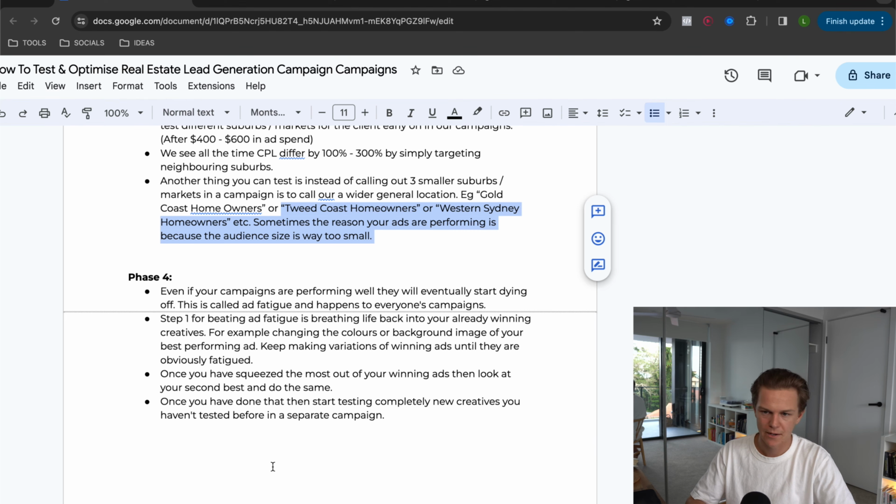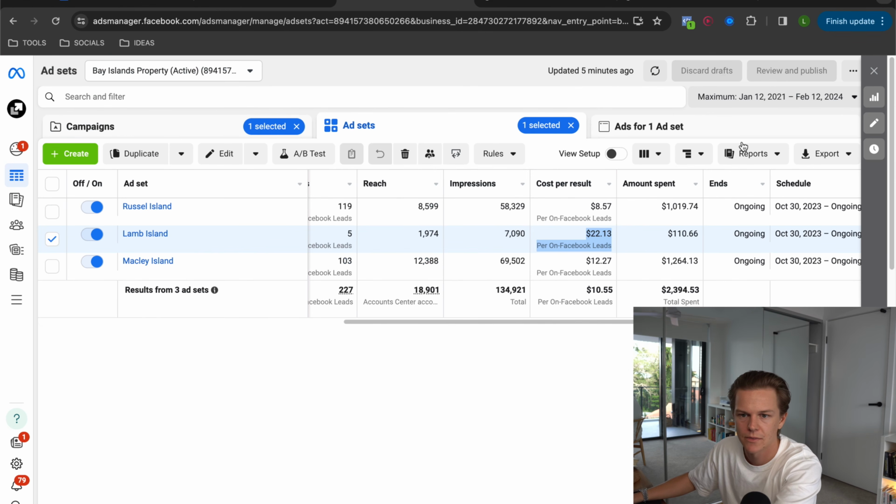If you're an e-commerce company and you've got an audience size of 2 million people that you're targeting, you have to spend the equivalent of reaching 2 million people before you experience the same level of ad fatigue as you would in real estate, where maybe our audience size is 60,000 people. Usual cost per impressions are around, say, $25. Let's just have a look right here at what our CPMs are.